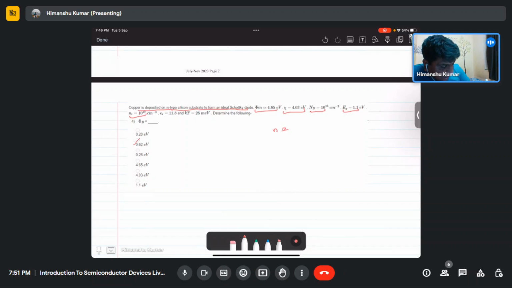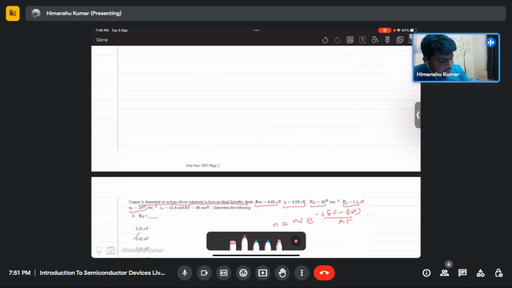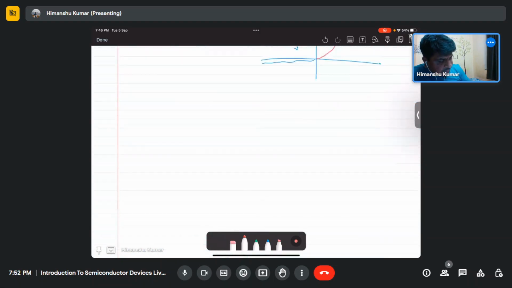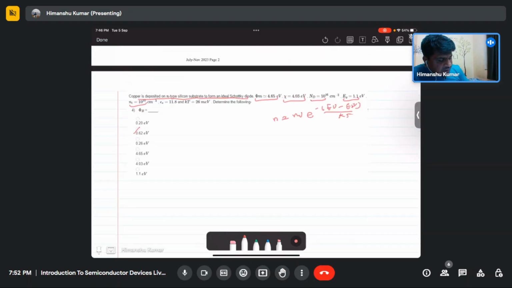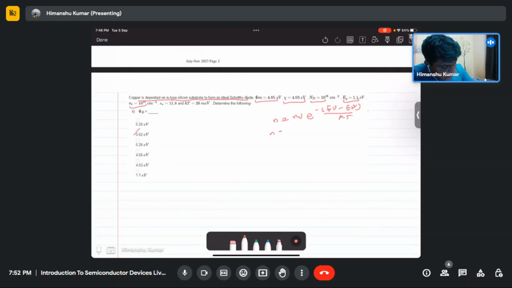N is basically Ni times exponential of minus (Ei minus Ef) by kT. Now we are provided N. If we assume complete ionization, then we can assume N is approximately equal to Nd.